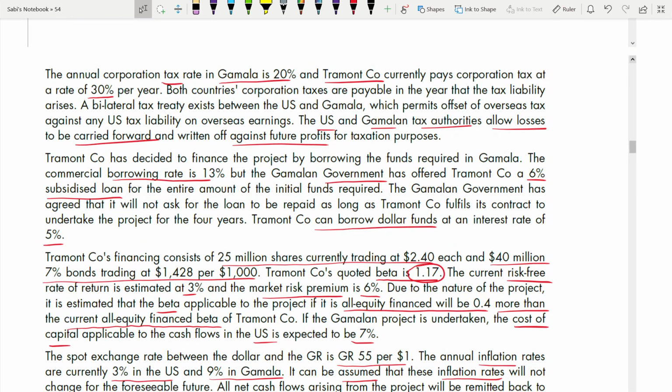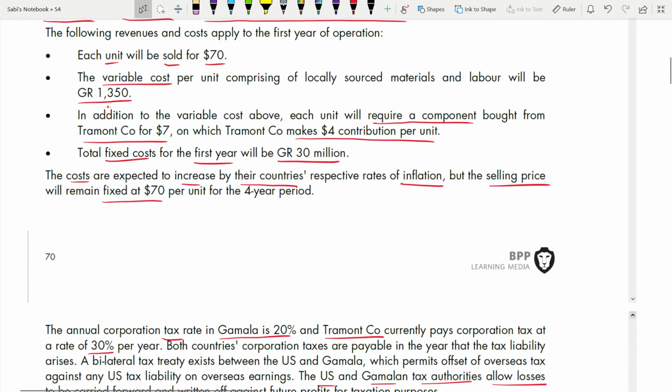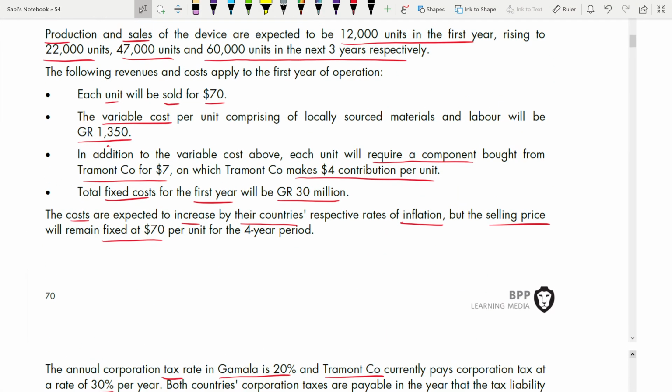Let's find out. Here, in addition to the variable cost above, each unit will require a component bought from this one on which they make a $4 contribution per unit. So they are making a contribution of 4 from that component.